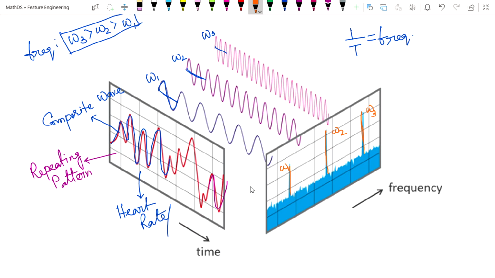From this wave we cannot conclude anything about its properties, but after applying a simple Fourier transformation we get these beautiful waves whose amplitude and frequency we know. The composite wave is just the composition of three waves.